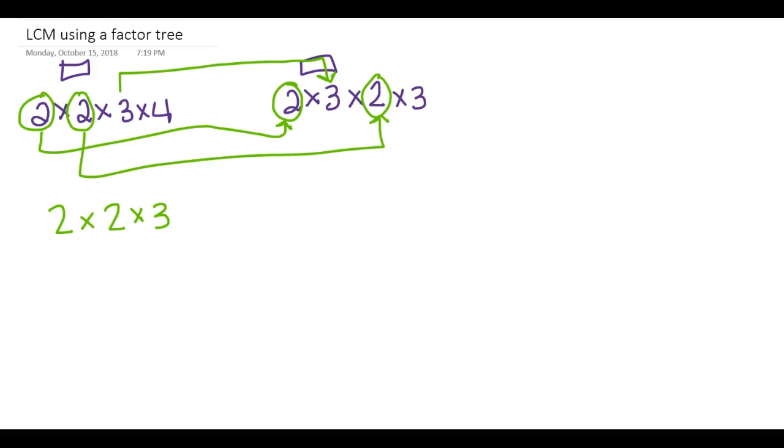So when I'm looking at this, I have certain numbers left over that don't match up with anything. For example, I have this wonderful 4, but I don't have any 4s over here. I have this wonderful 3, but it doesn't match up with anything else. So that 4 times 3 are what I call my Go Fish numbers.